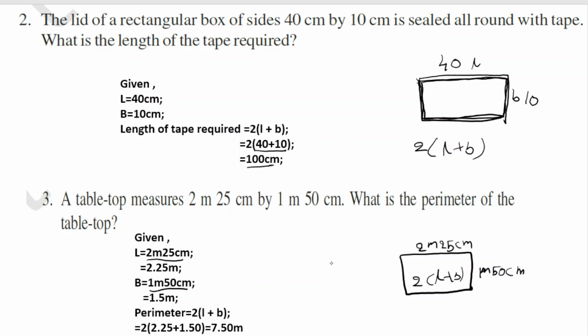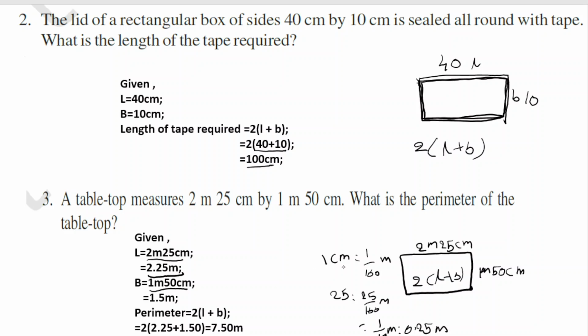You know that 1 centimeter is equal to 1 by 100 meters. So 25 centimeters is equal to 25 by 100 meters, that is nothing but 1 by 4 meters, that is equal to 0.25 meters. So this 2 meters 25 centimeters is nothing but 2.25 meters.